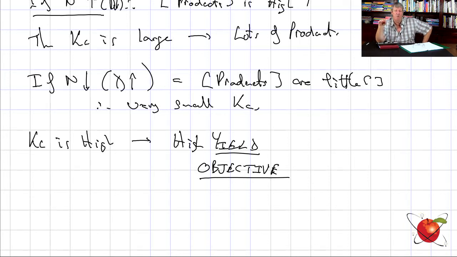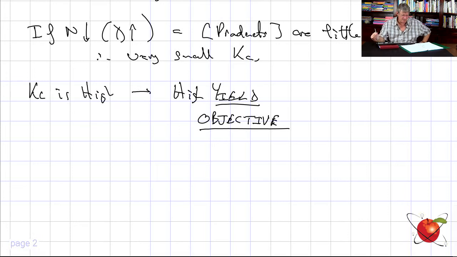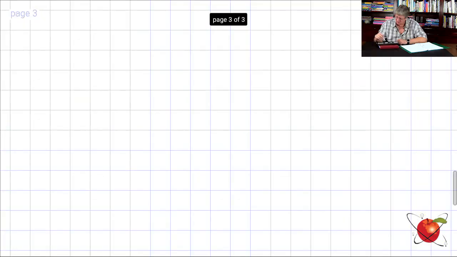Therefore, we want to get as high a yield as possible economically, all right? So we are targeting to get the Kc high. So we have to look at the factors that are going to affect it, and that's going to be temperature. Let us just examine that.